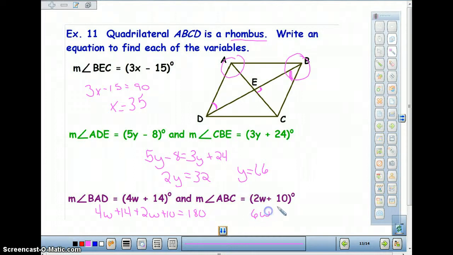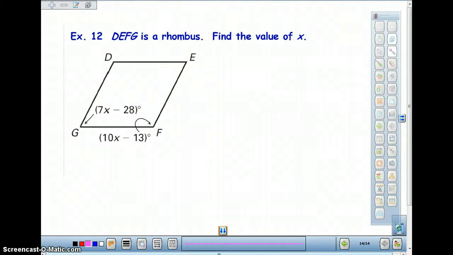So that gives us 6w plus 24 equals 180. So we can subtract our 24 and get 156, divide by our 6, and our w is going to equal 26. Okay, lots of stuff to learn there.